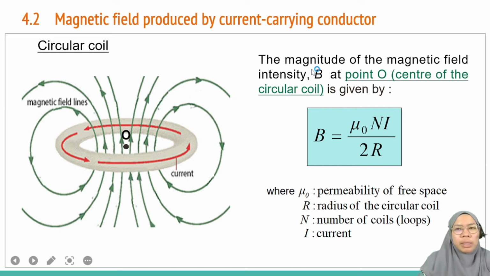So the magnitude of magnetic field intensity at point O for the center of circular coil is by using formula B equals mu naught N I over 2R. This one is a bit different from the formula for straight wire. Here we have N, which is the number of coils if we have more than one loop, and R is the radius of the circular coil.